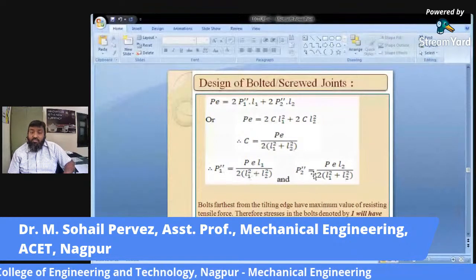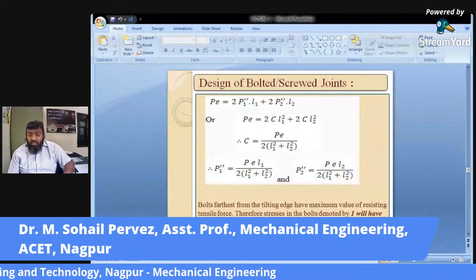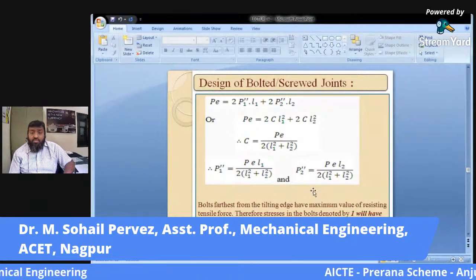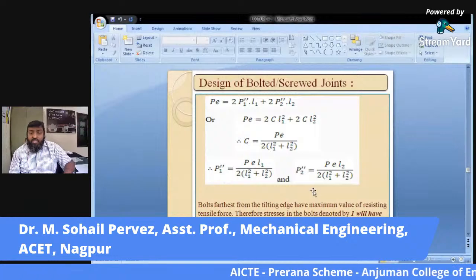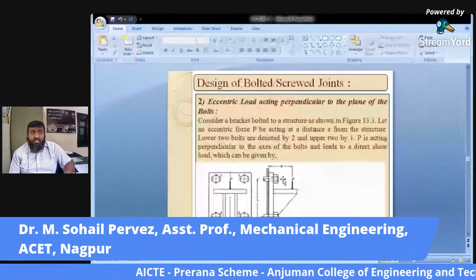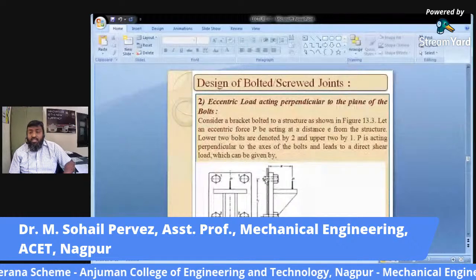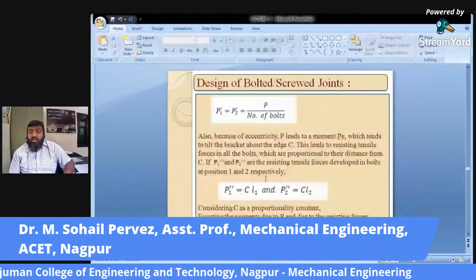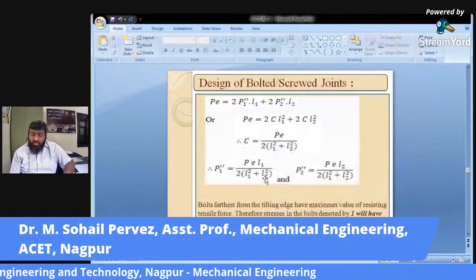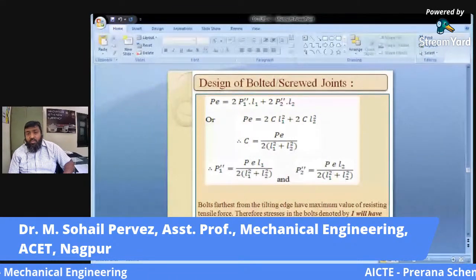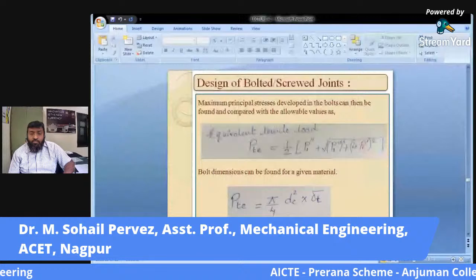Again I'm repeating: which one will have the maximum value of stress? Obviously the bolts which are farthest in tension. So we may say that the bolts at 1 will have maximum stress, which can be determined by calculating the equivalent tensile load and the equivalent shear load.